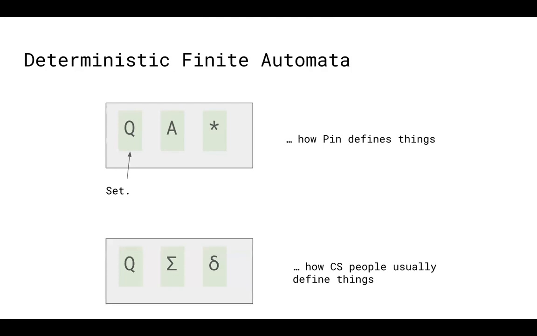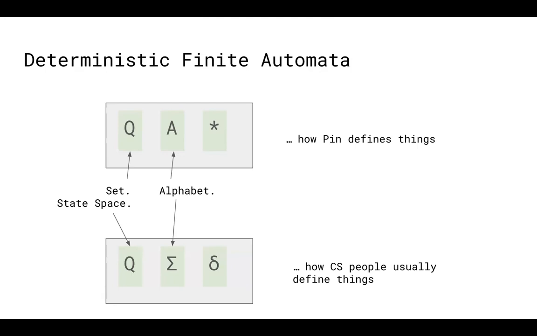Okay, so Dr. Pin sort of presents DFAs a little differently from how I've seen them presented before. So I'm gonna show both presentations in parallel. So a DFA, according to, well, actually, I'm just gonna start with an automaton, and then I'll explain how to make it finite and how to make it deterministic. So an automaton, plural being automata, according to Dr. Pin, consists of 3 ingredients: a set, which he denotes as Q, and which we also denote as Q in most computer science textbooks, like in Sipser, for instance, but we call it a state space.